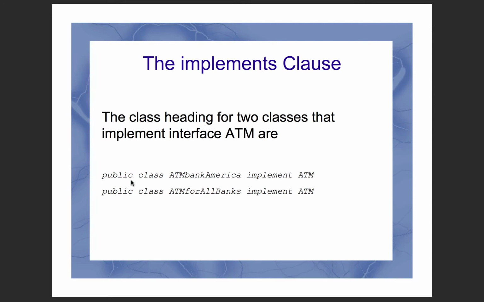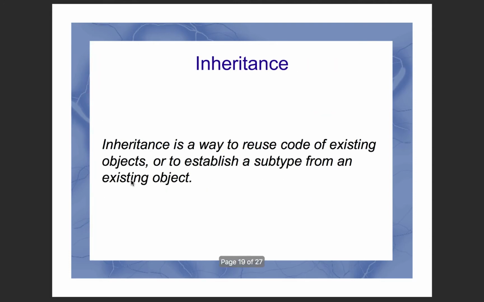So it implements ATM, that means you use all three methods that we have seen in the ATM interface, and we can write the definition of those three methods in the style that Bank of America needs. And you can create another class for all other banks. Then you can implement the same methods from the ATM interface in other styles that probably other banks need. So we can create an interface, then we can implement that interface in different classes.